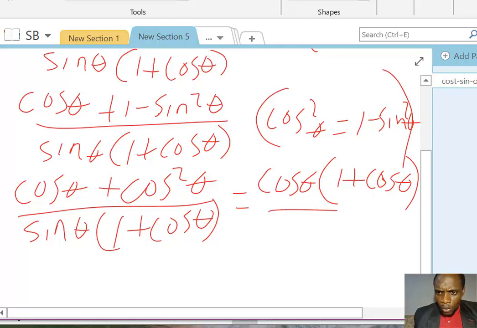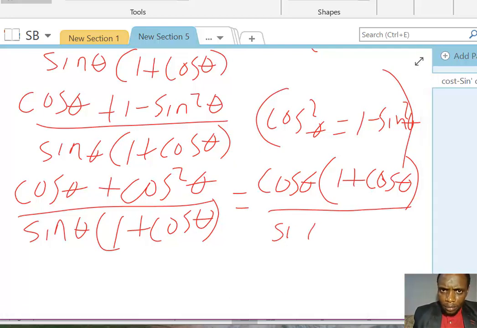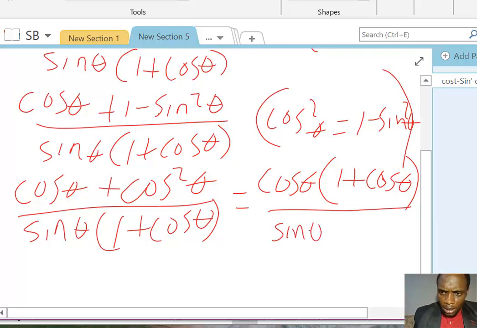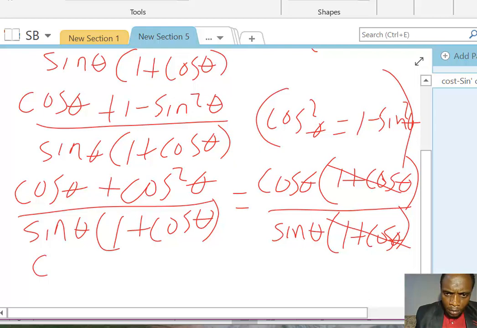Under it we have sin theta into bracket 1 plus cos theta, which is the same as what is up, so this can cancel this. Very good. The remaining thing is cos theta all over sin theta.